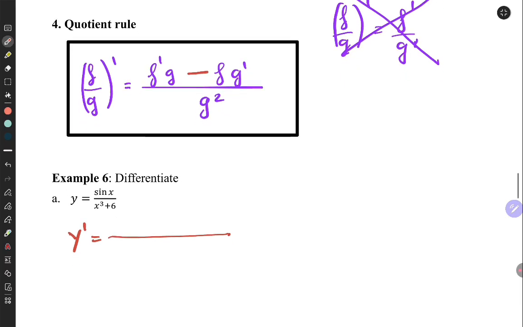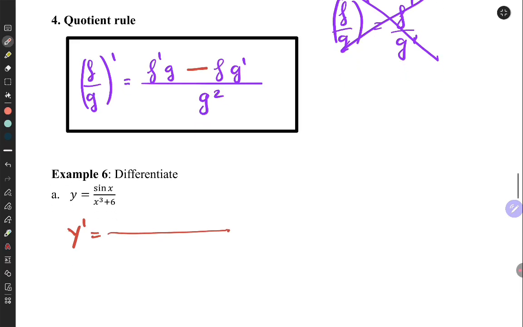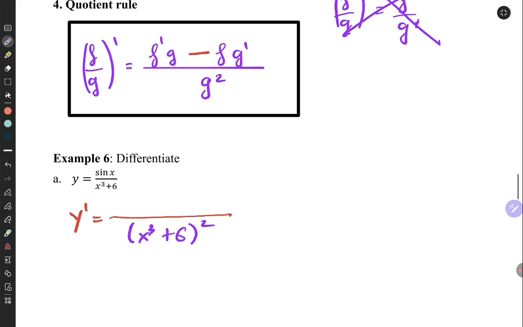So first thing first, every time I do this quotient rule, I always start with the denominator. The denominator is x cubed plus 6. I square that and leave it there. I'm not going to expand that. Now the numerator, technically the one on the top will be the first to take the derivative, right?